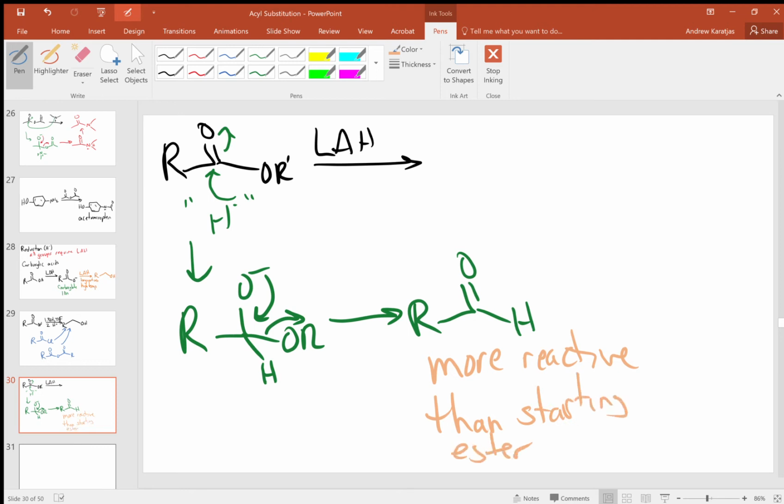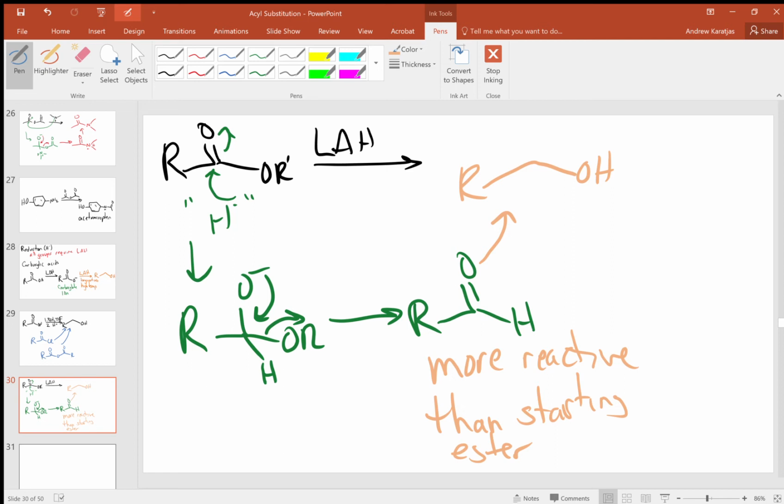So with this reaction, unfortunately, there's no way you're going to be able to get it to stop at the aldehyde. Again, the aldehyde is more reactive than what we started with. And so if LAH is going to reduce the ester, it's certainly strong enough to reduce the aldehyde. And ultimately, an LAH reduction of an ester will yield the alcohol.